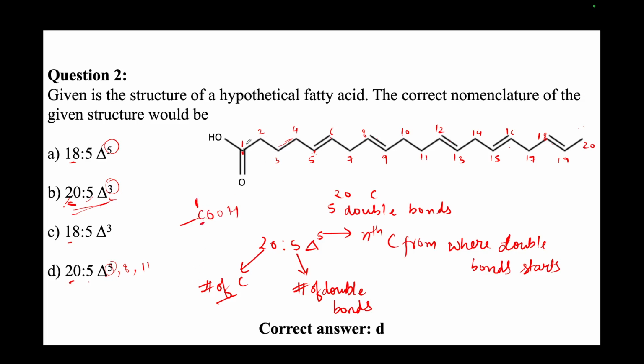You have to do the counting correctly, only then you will get this number correct. Okay, this is fine. So I hope everybody understood how to give names to fatty acids. Like if I draw a random fatty acid, you can give the name of that fatty acid.